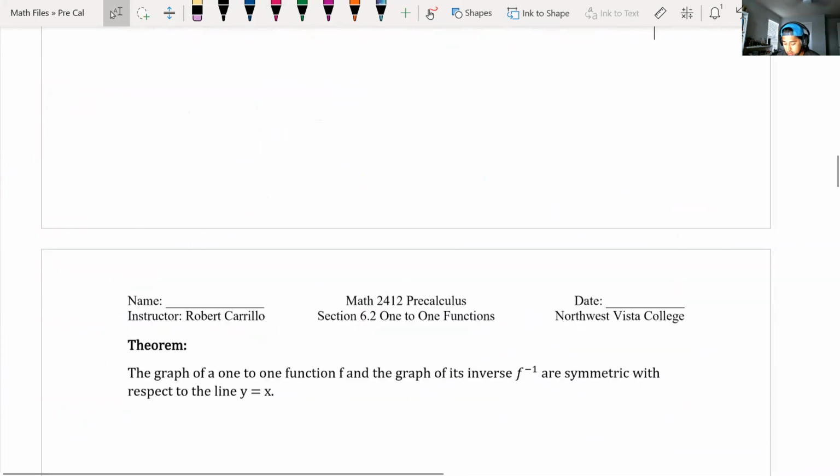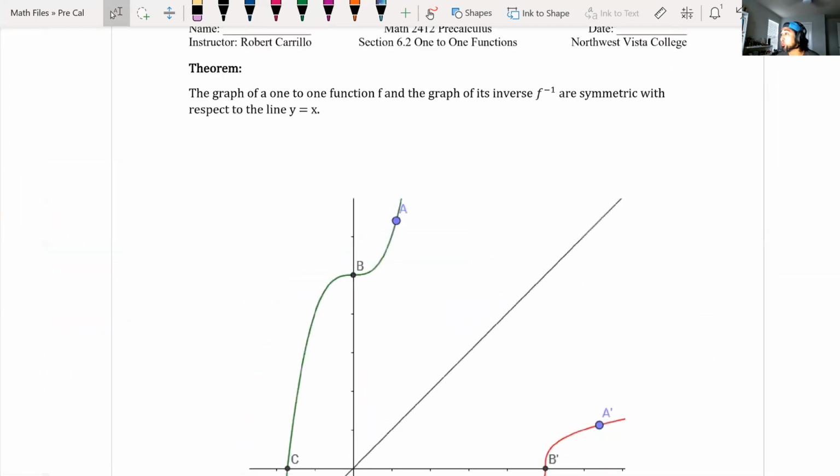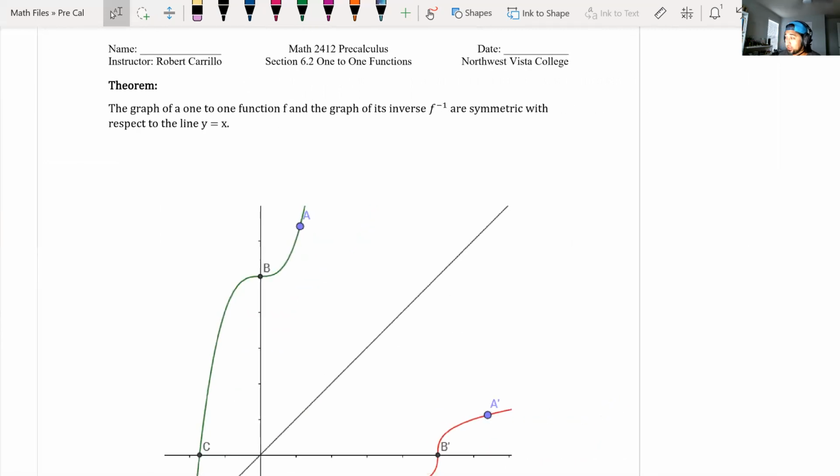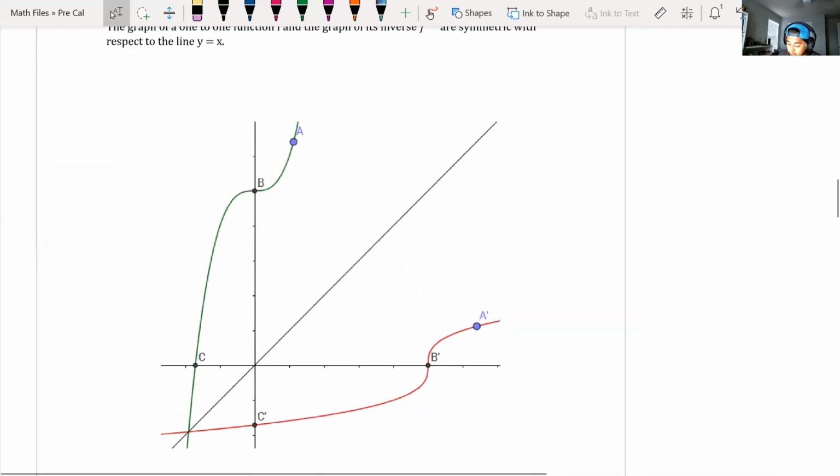Okay. And then if we are told to graph inverses, remember that inverses are symmetric with respect to the line y equals x. So here's my line, y equals x.